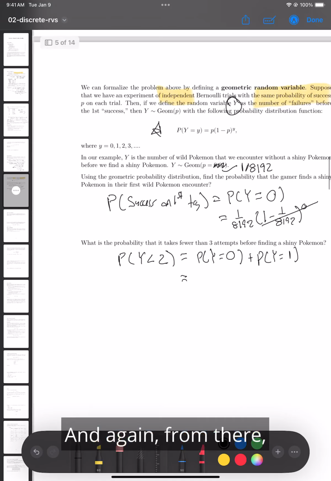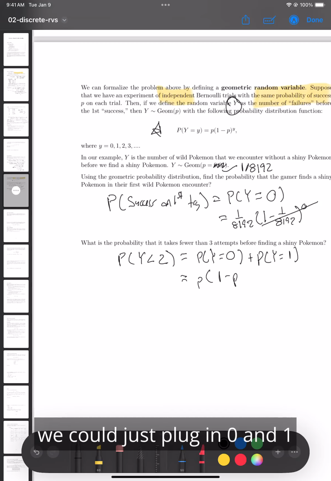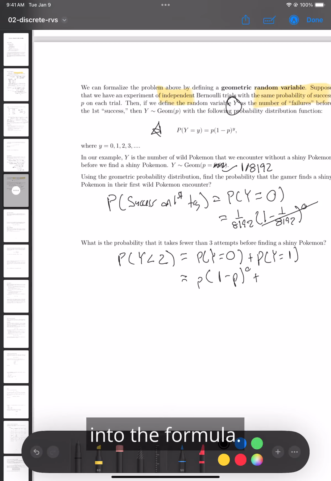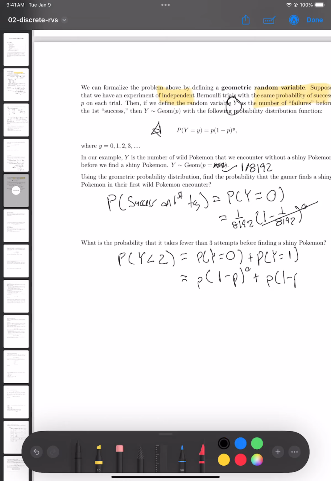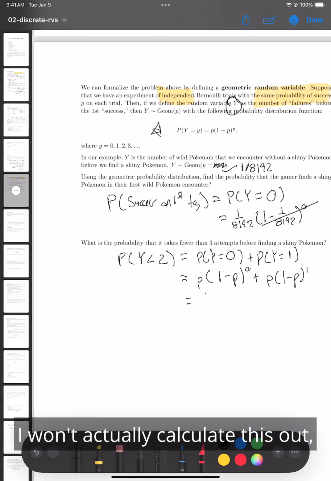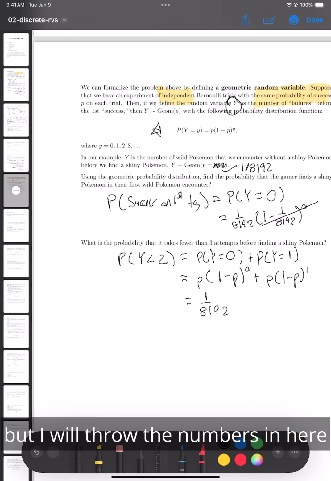And again, from there we could just plug in 0 and 1 into the formula. Okay, so again, I won't actually calculate this out, but I will throw the numbers in here.